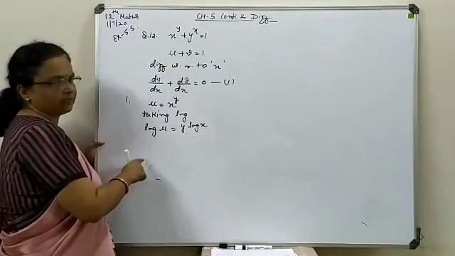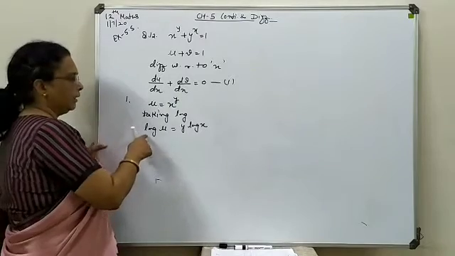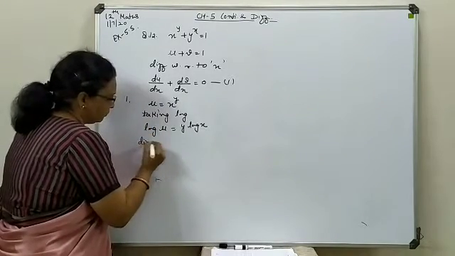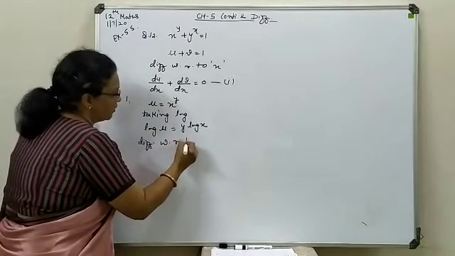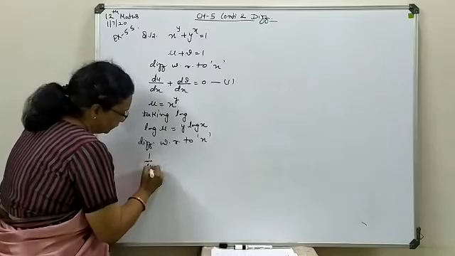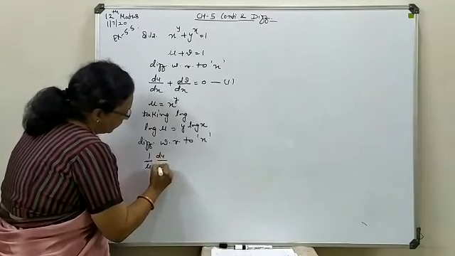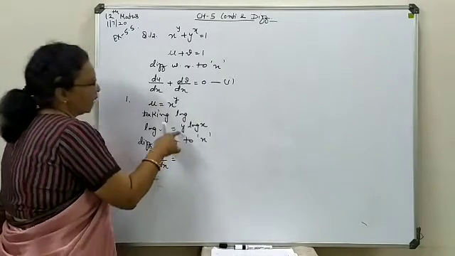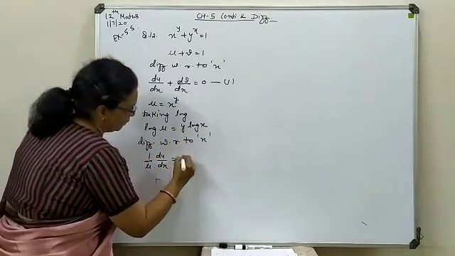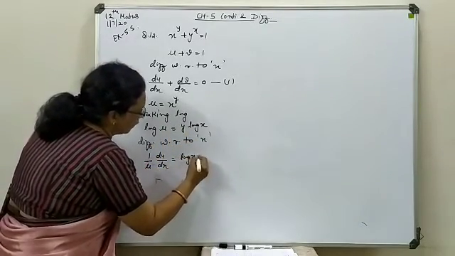Now differentiate both sides with respect to x. Differentiation with respect to x gives 1 upon u du by dx. For y log x, differentiating with respect to x, you will get log x into dy by dx.